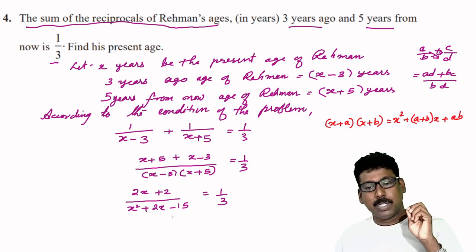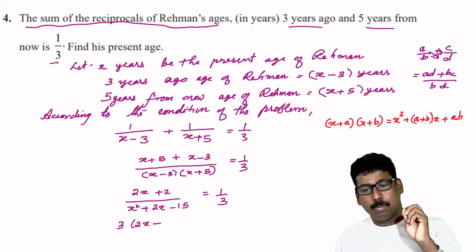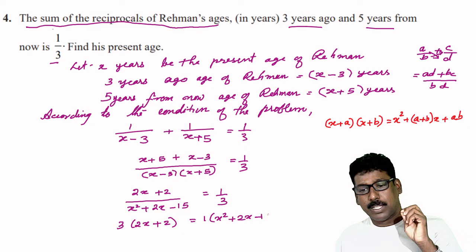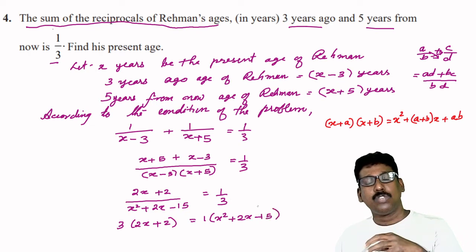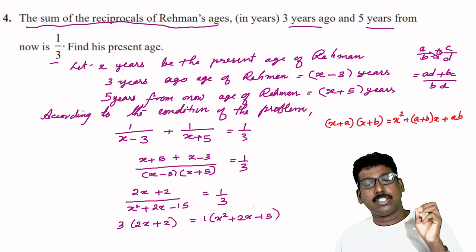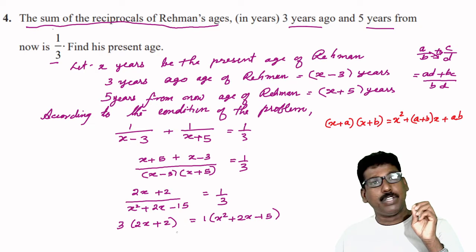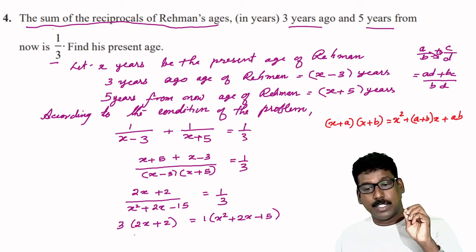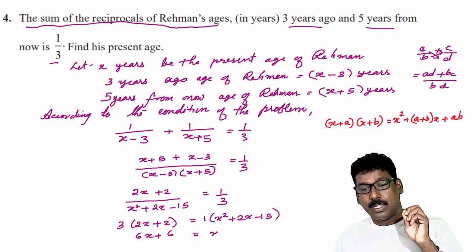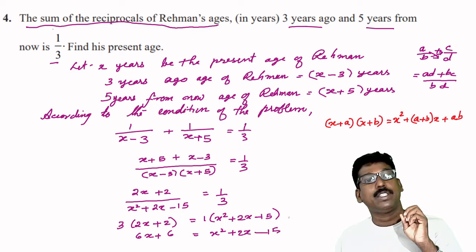Here again you can cross multiply, that means 3 into 2x plus 2 is equal to 1 into x square plus 2x minus 15. That means you transpose 3 to the LHS and x square plus 2x minus 15 to the RHS. Now simplify. What will you get? 3 into 2x, you can write as 6x plus 6 is equal to x square plus 2x minus 15.